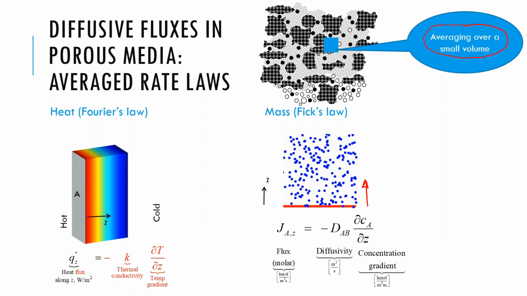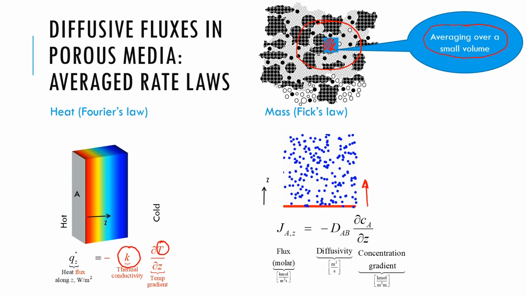So in case of heat flux in a porous medium like this, we're going to have K, thermal conductivity, that is averaged over the phases: solid, liquid, gas. It's going to be some sort of an average, and we'll talk about it later. Likewise, temperature is also averaged over a representative elementary volume.